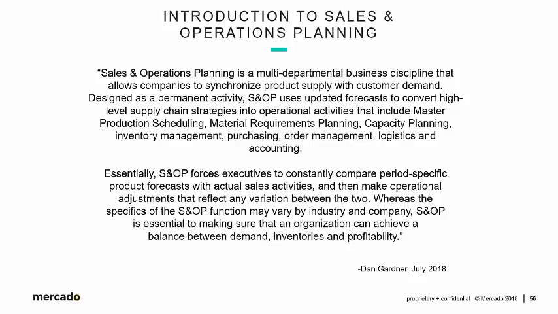And then make operational adjustments that reflect any variation between the two, the essence of supply chain management. Whereas the specifics of the sales and operations planning function may vary by industry and company, S&OP is essential to making sure that an organization can achieve a balance between demand, inventories, and profitability.